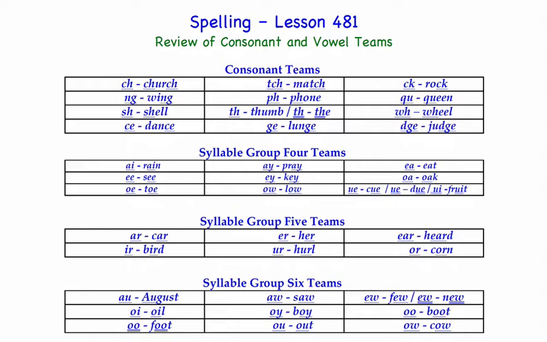EW can represent one of 2 sounds, U as in few and oo as in new. OI, oi. OY, oi. OO has 2 sounds it represents, oo as in boot and oo as in foot. OU represents the sound ow, and OW also represents the sound ow.